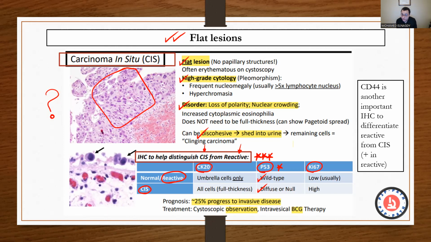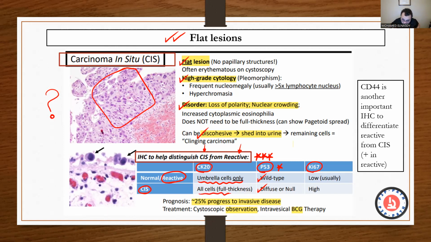CK20, you're looking for umbrella cells. We always say the umbrella cells are very large, so they are stained by a large number CK, which is CK20. CK20 stains only the superficial umbrella cells in the normal or reactive case.